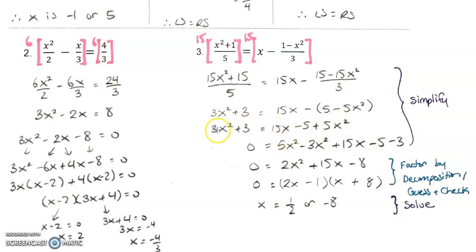5x squared. Bring the 3x squared over to the other side, it's negative. Bring the 3 to the other side, it's a negative. When you clean it up and collect like terms, you're going to get a complex trinomial. And you can either factor by decomposition or the guess and check that I showed people at lunchtime. And you're going to get a final answer of 2x minus 1 and x plus 8.